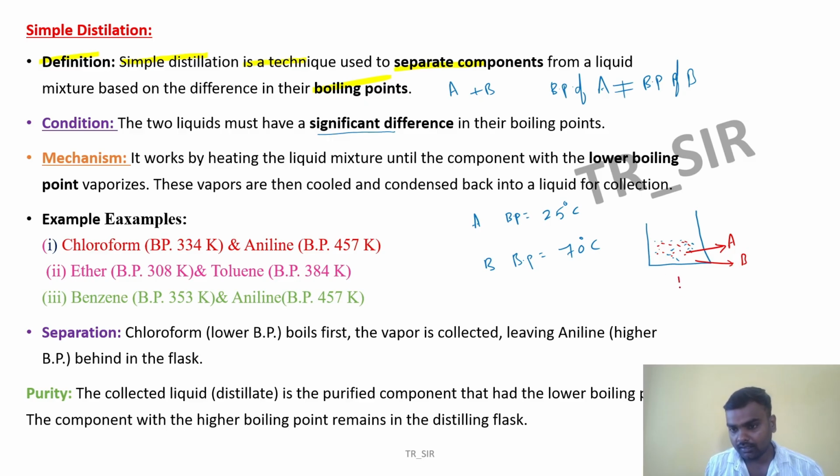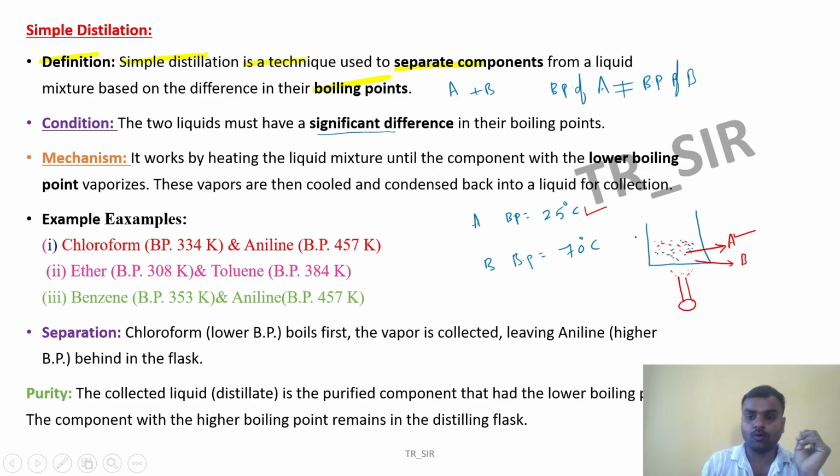I have taken the Bunsen burner and let me start giving heat to both of them. Which one has the lower boiling point? A does. So A will start boiling first, at 25 degrees Celsius itself.